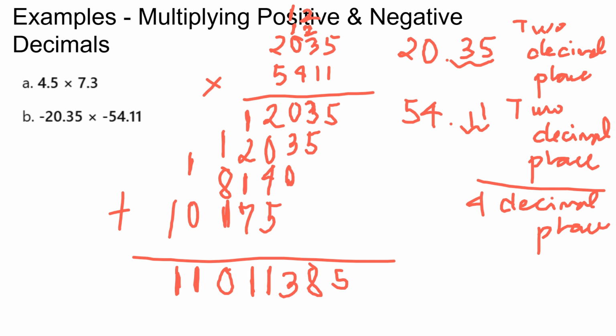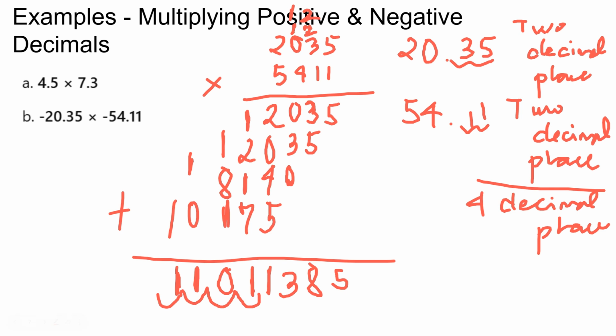So count from right to left in the product, the same number of places as the total of decimal places we counted. We just counted it here. Okay. So since we have four, we're going to start with right to left. Four decimal places. So one, two, three, four.